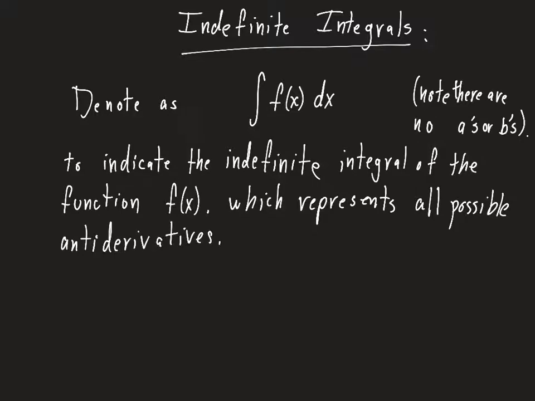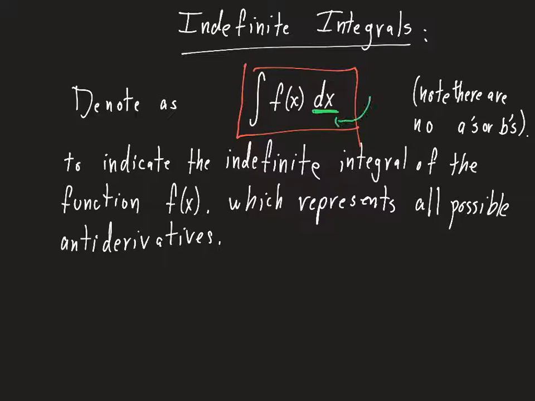All right, this may seem complicated, but basically what I'm trying to say is the process of doing the opposite thing of taking the derivative, in other words, the process of finding the antiderivatives, the notation we're going to use for this is this. We're going to use this integration symbol, f of x, and don't forget your dx.